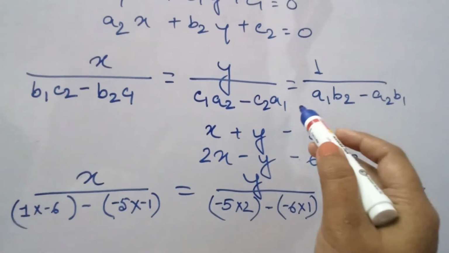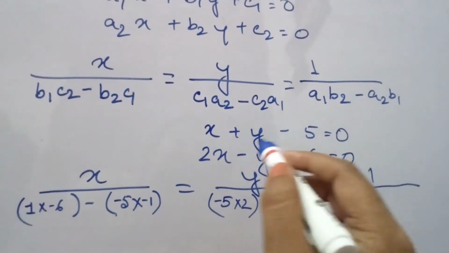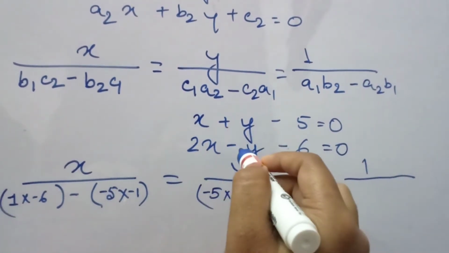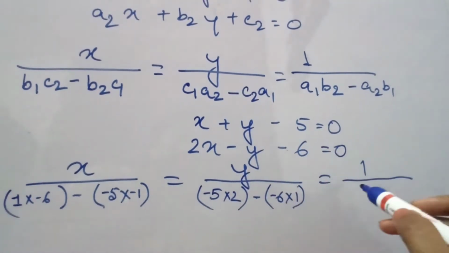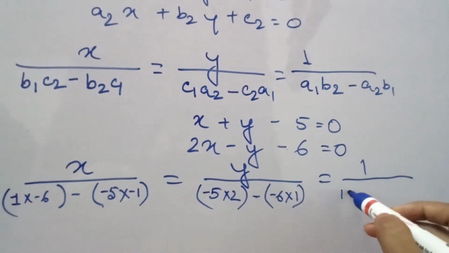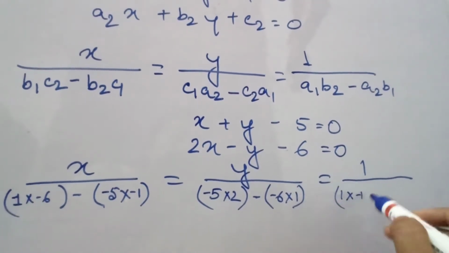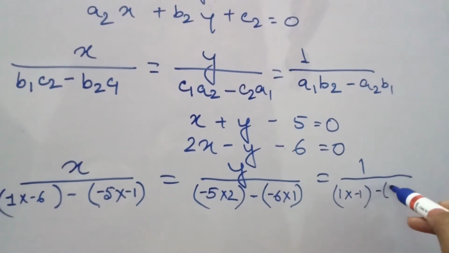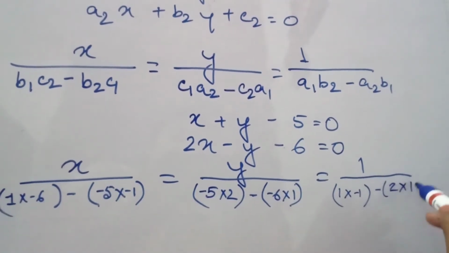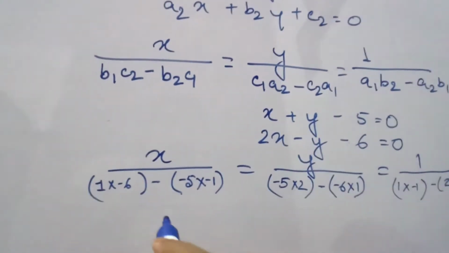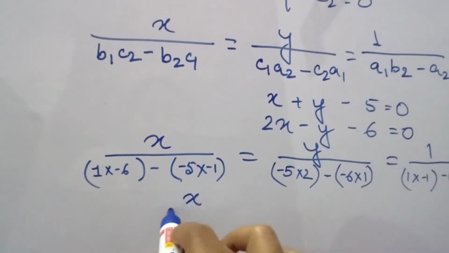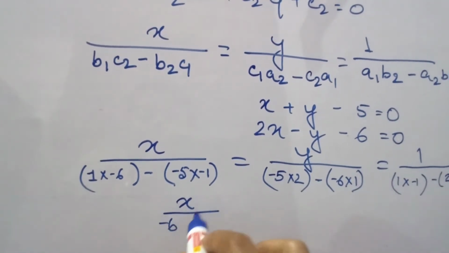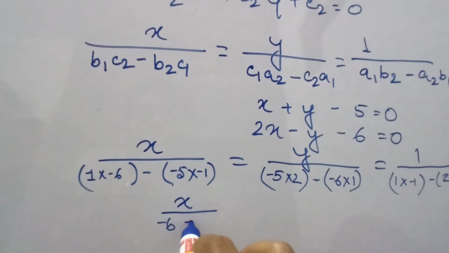Correct? Now I'll cover up this portion and what remains is coefficient of x is 1, coefficient of y is minus 1. So 1 into minus 1 minus 2 into 1. Okay. So what do I get? Minus 6 plus 5.